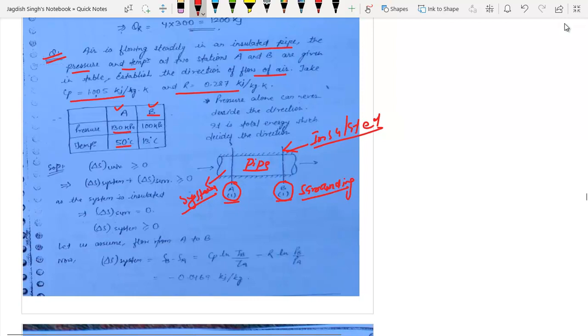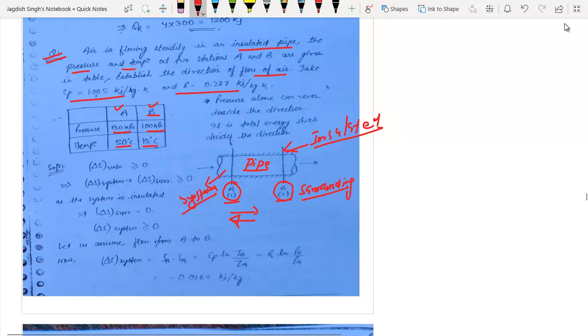Pressure at B is 100 kilopascal and temperature is 30 degrees centigrade. Then we have to establish the direction of flow of air. That means we have to find the direction of flow of air, whether from A to B or B to A. This is a very interesting problem.